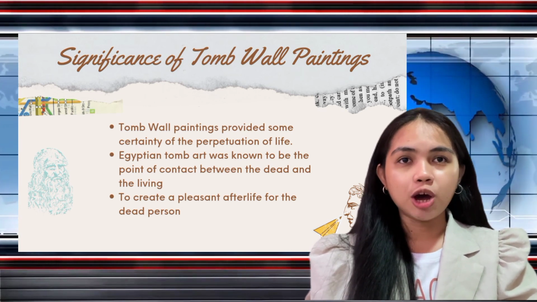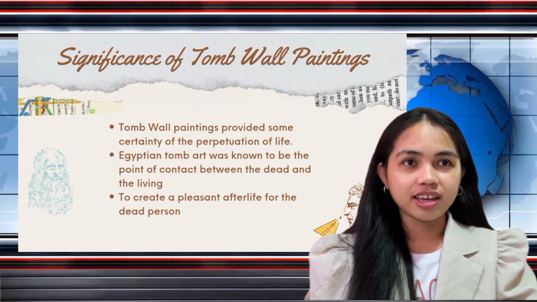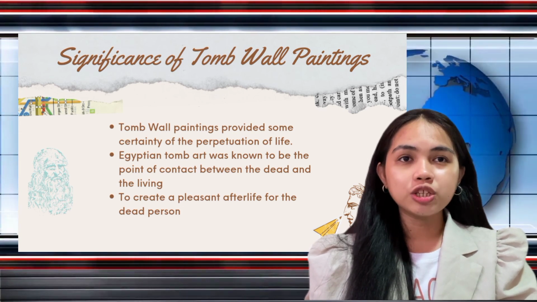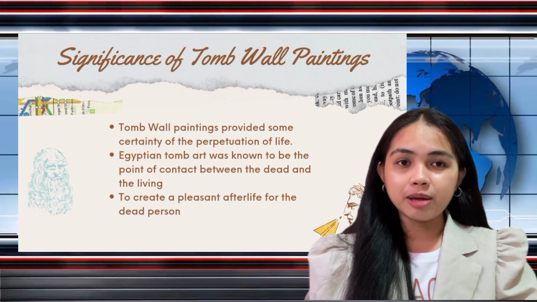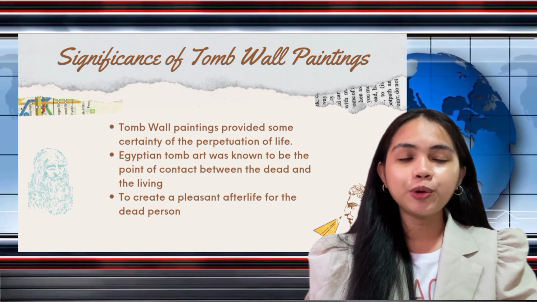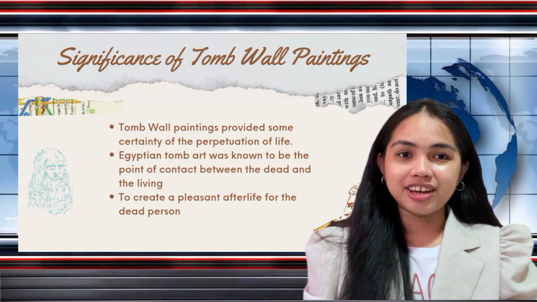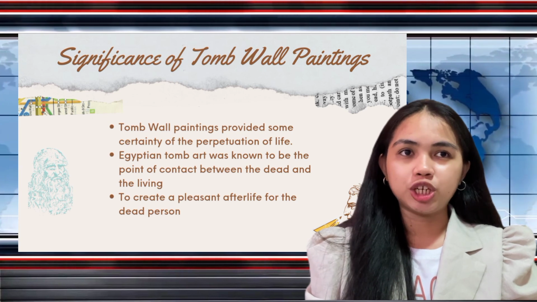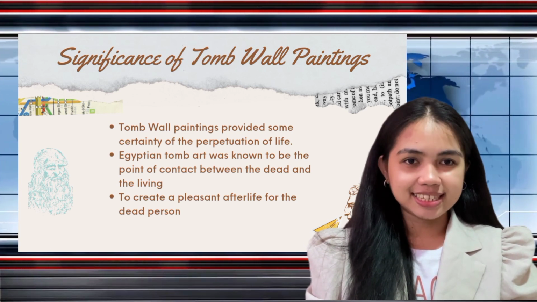They believed that tomb wall paintings may serve as a way to connect the dead and the living. Furthermore, the purpose of tomb paintings was to create a pleasant afterlife for the dead person, with themes such as journeying through the afterworld or deities providing protection. Thus, ancient Egyptian paintings are seen to be relevant to the Egyptian people because of the different symbolic meanings they carry.